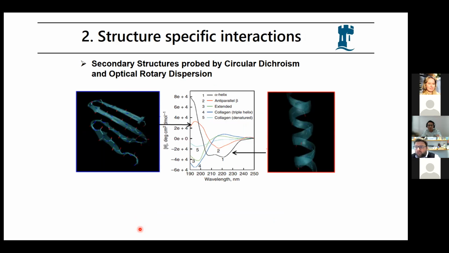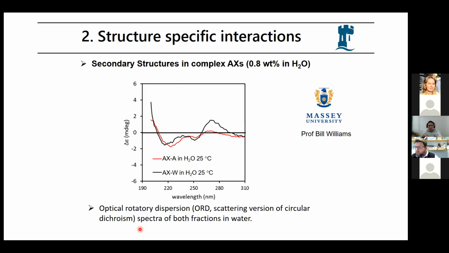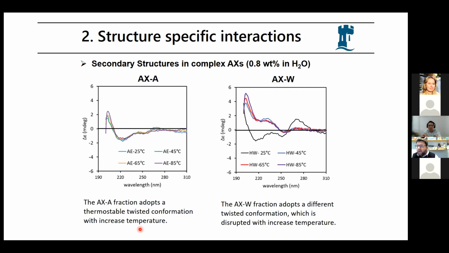We performed optical rotary dispersion, which is circular dichroism for non-absorbing molecules, and we identified that there are differences in the secondary structures that are dependent on the temperature. So the secondary structure of the chains is changing as a function of temperature.